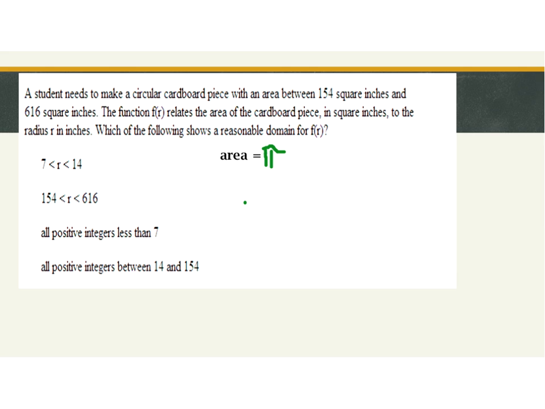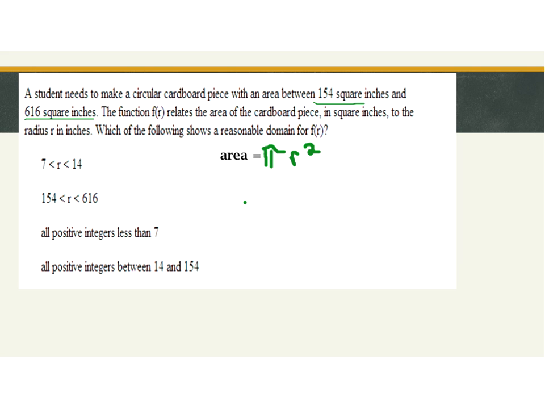Area is pi times r squared. Pi r squared. All right. So if area is pi times r squared, let me make it thinner. Area is pi times r squared. We have between 154 and 616.